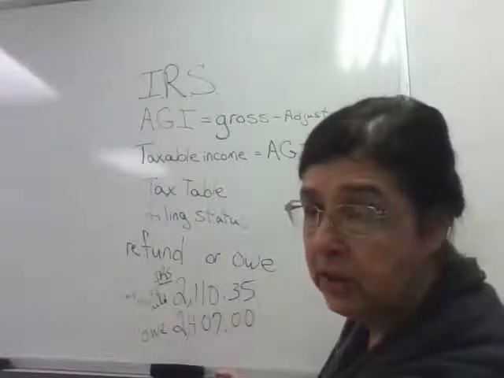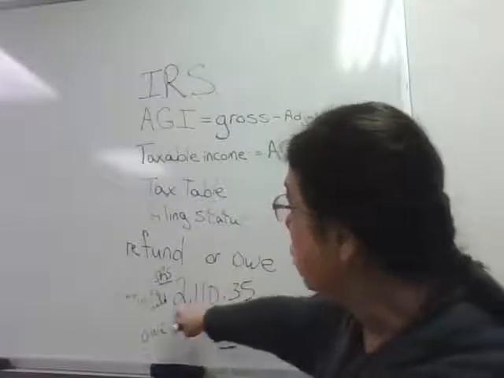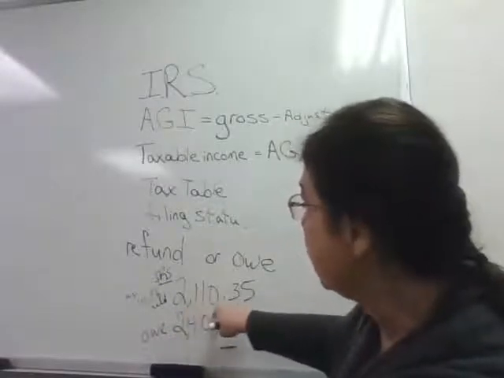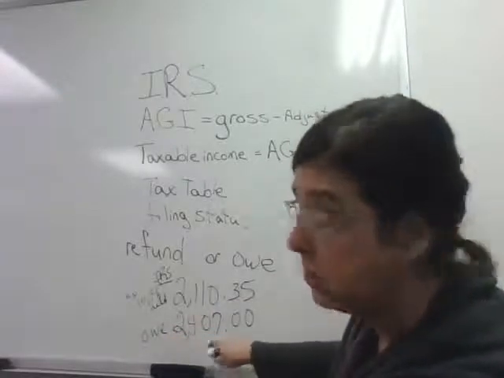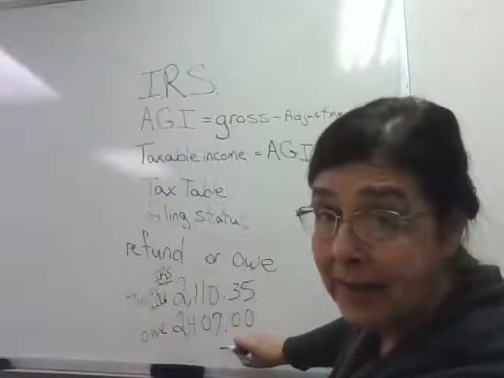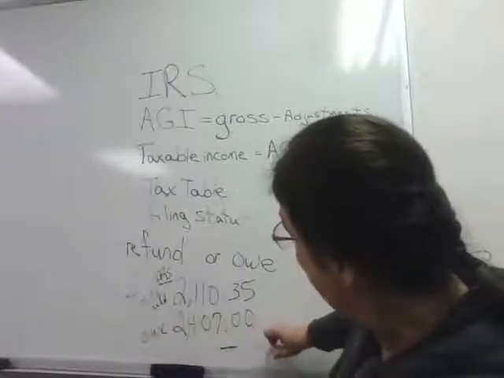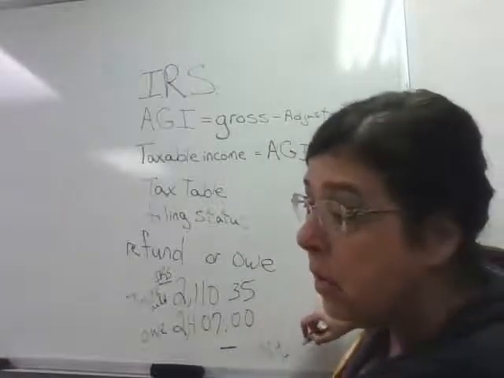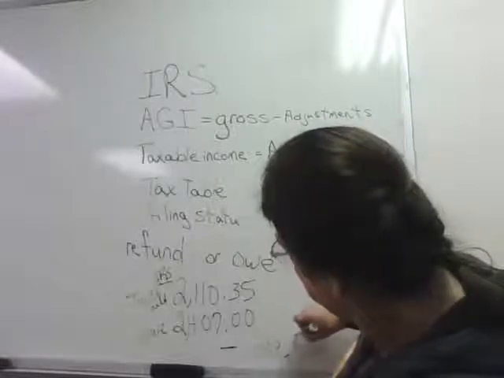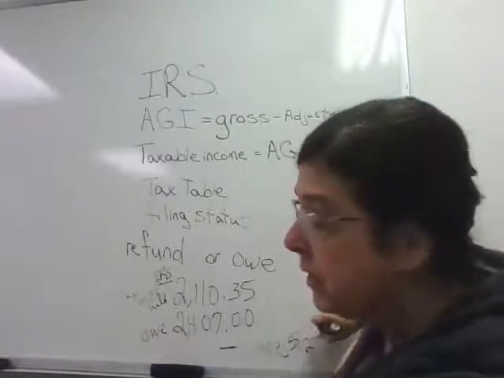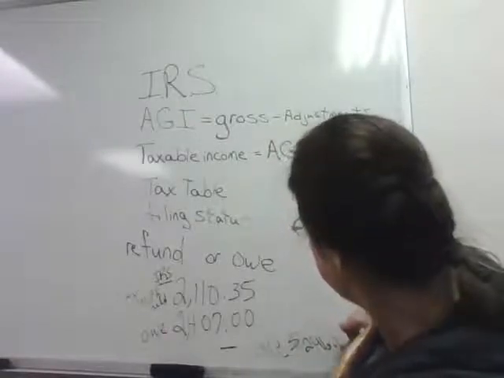If the answer comes out as a negative number, which this will because you only paid in $2,110, you owe $2,407. So if you get a minus as your answer, that means you owe $296.65.